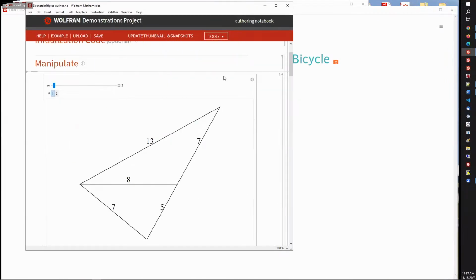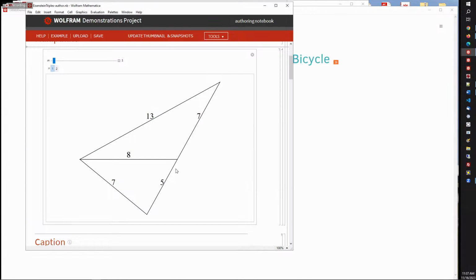Probably everyone's familiar with Pythagorean triples, where the sum of squares of the sides of a right triangle equals the square of the hypotenuse. Eisenstein noticed something similar with 60-degree angles and 120-degree angles.